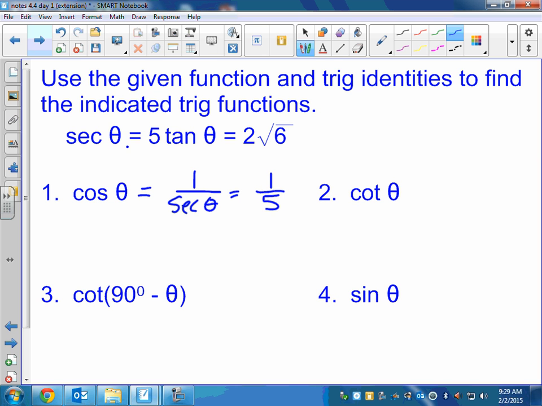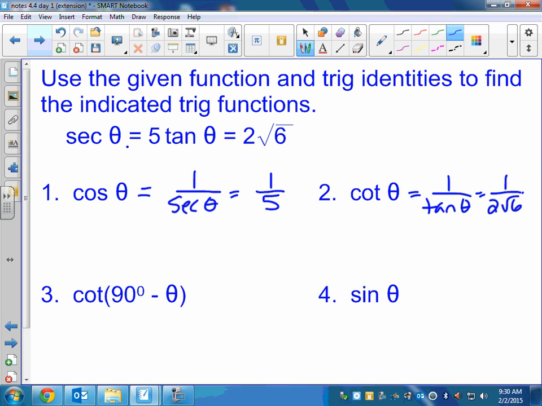Same thing with cotangent. If I know the tangent is 2 radical 6, do I know what cotangent is? Because those are also reciprocals, so I can say cotangent is the same as 1 over tangent. And if tangent is 2 radical 6, can I just say this is 1 over 2 radical 6? Yes. And if you're going to rationalize this, remember we've had this discussion, you don't have to necessarily rationalize.